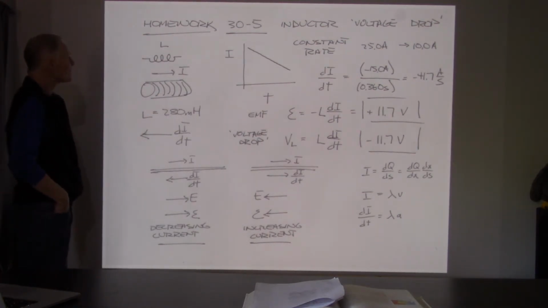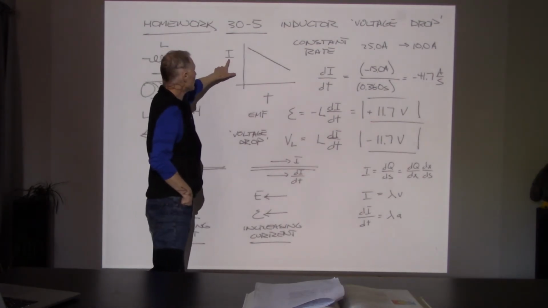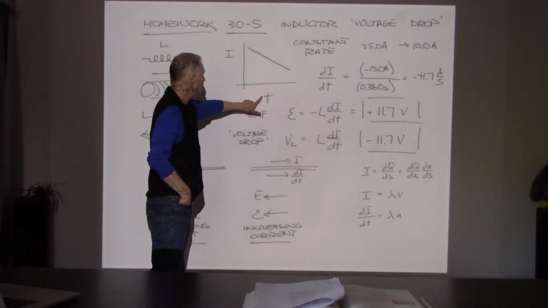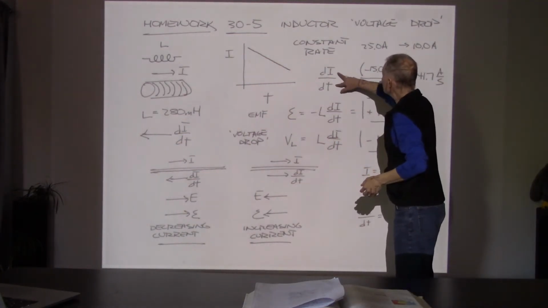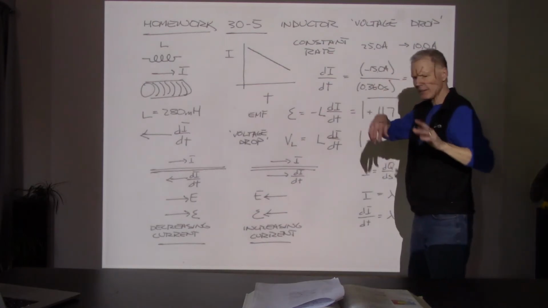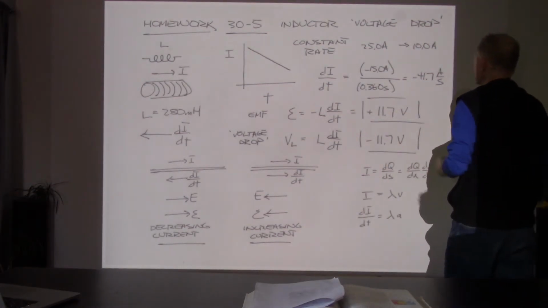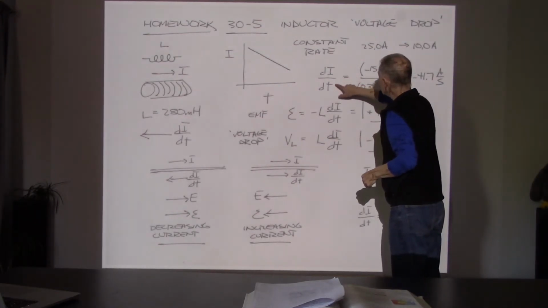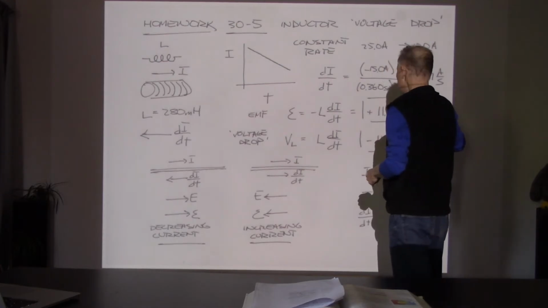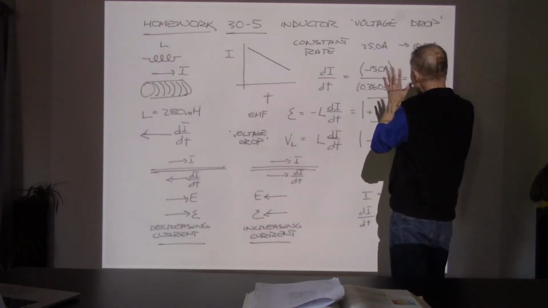In this particular problem, they said the current is dropping down. And again, they didn't tell us what the current was, they just told us the rate. This is kind of like that first magnetic field problem we looked at this morning. So di dt is equal to, it's a little different.